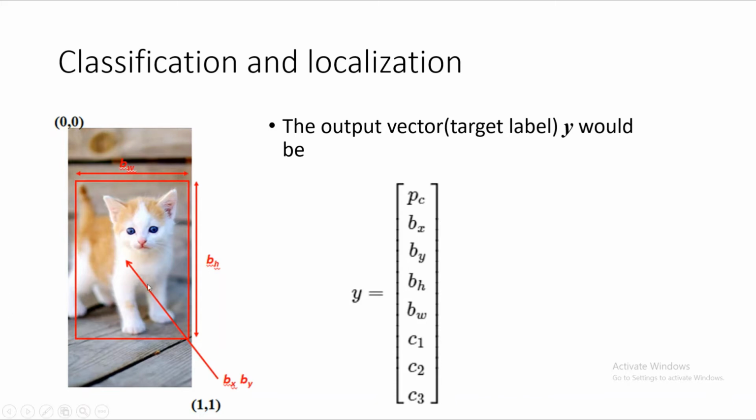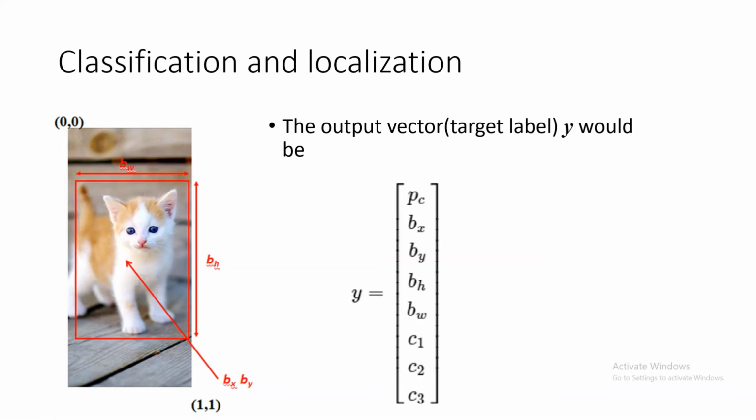And BH, we can specify, might be around 0.6, around 60%, and BW might be around 0.95, because it covers almost 95% of the width, or breadth, of the image.